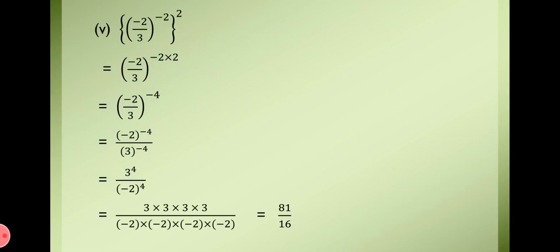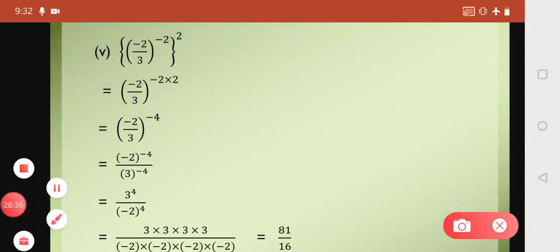Question number 5, that is minus 2 upon 3 whole raised to minus 2 again whole raised to 2. Yes, here it is again power raised to power, so first we start solving with the outer parts, that is we will multiply this power raised to power, so we will get minus 2 upon 3 whole raised to minus 2 multiplied by 2.